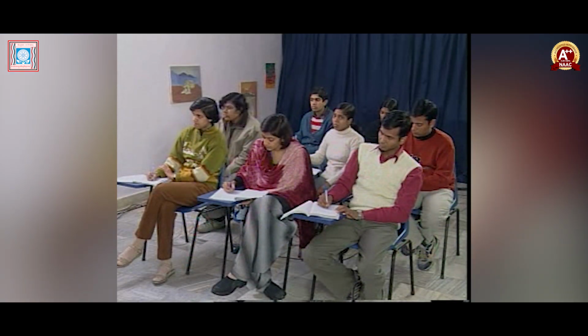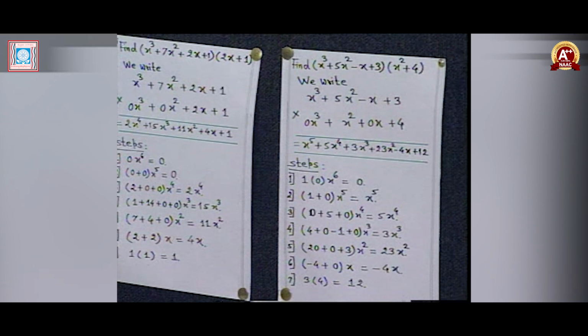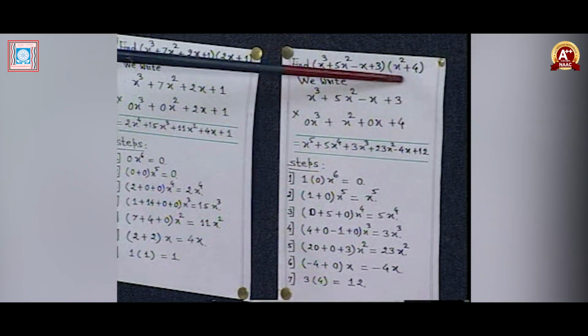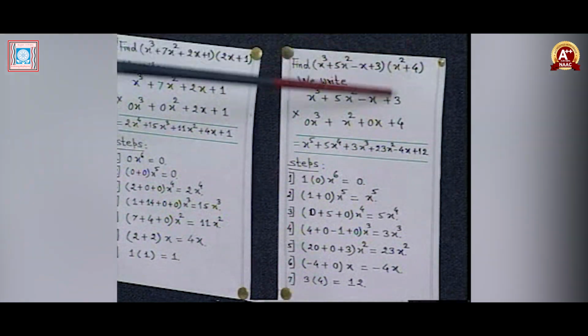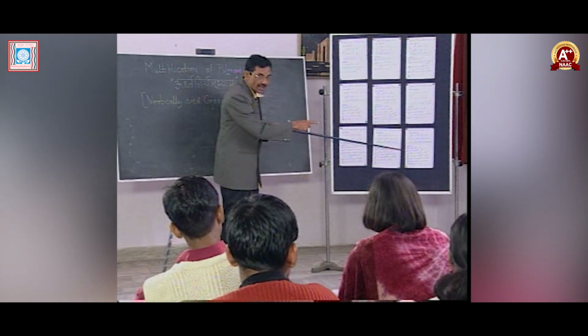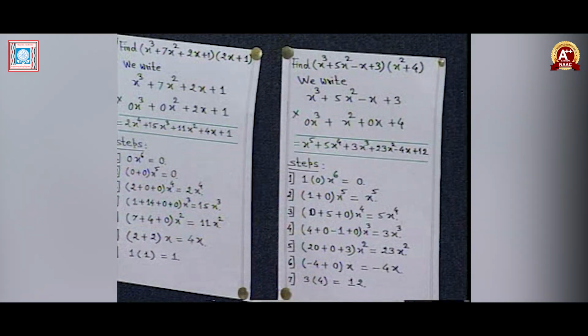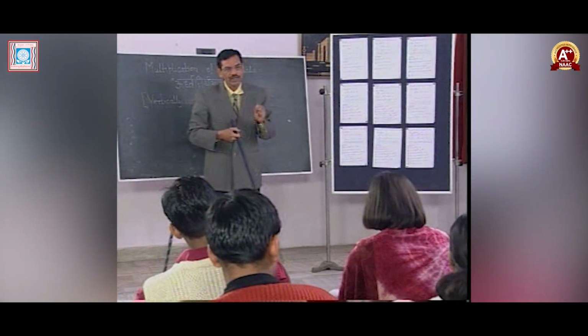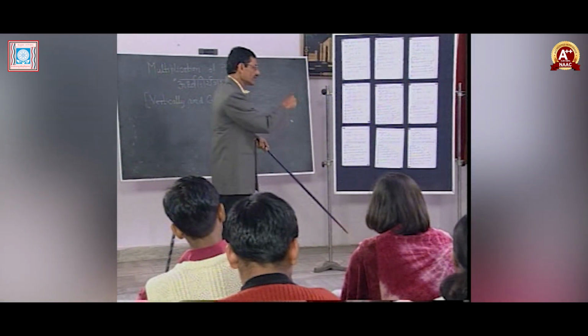Where it is x cube plus 5x square minus x plus 3 multiplied by x square plus 4. Here we observe that the term in x cube is absent, that is to be inserted by 0x cube. The term in x is absent, that is to be inserted by 0x, and similarly we can carry on. Remember, even without writing the steps, after good practice you can have the direct answer.